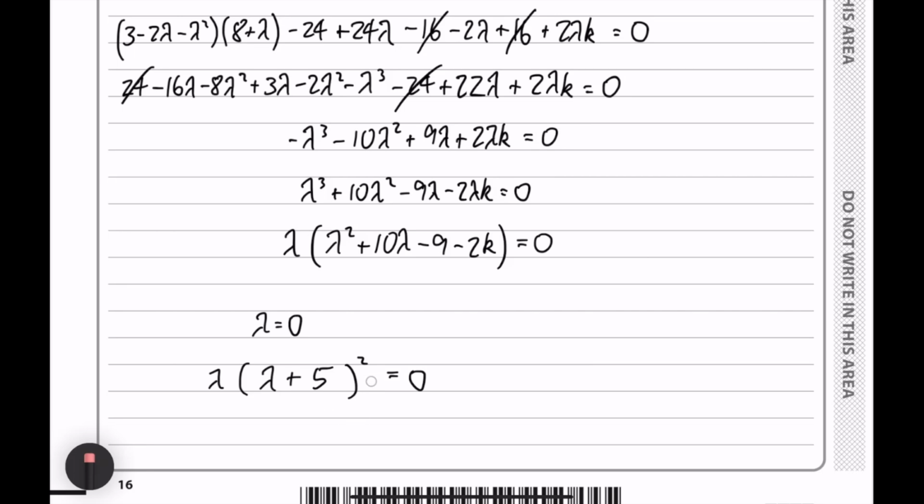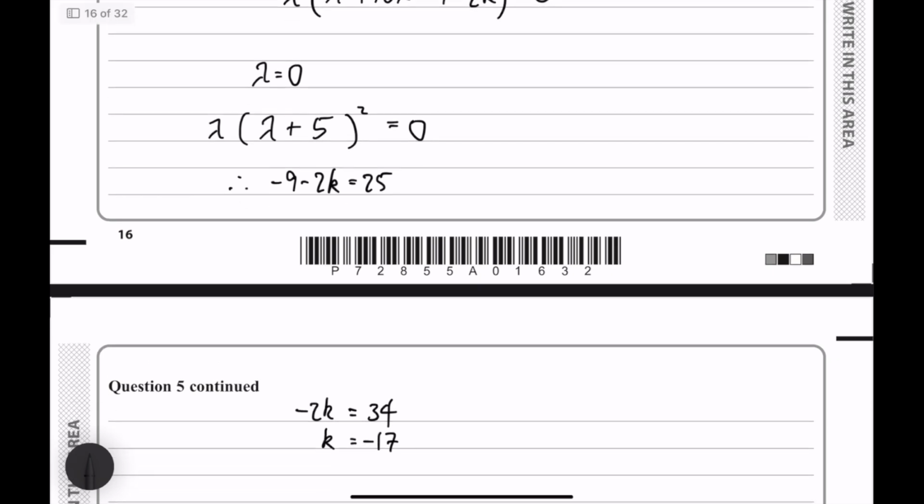But when you square this, you get a 25, which means that this thing here must equal 25. So from that we get minus 9 minus 2k must equal 25, which means minus 2k is equal to 34. K is equal to minus 17 is one of our options if our repeated eigenvalue is not 0 but the other one.